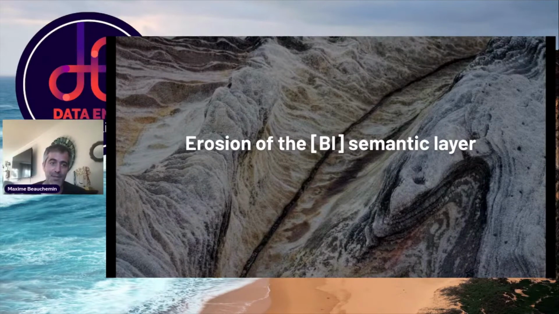For those not familiar with the semantic layer, business intelligence tools like Tableau, Looker, historically BusinessObjects, MicroStrategy, had this thing that people would refer to as the semantic layer, which is a lot of metadata around how data can be joined and used, information about metrics and labels and descriptions. So this layer seems to be somewhat eroding away from the BI tool and moving in parts to the transform layer and other places.